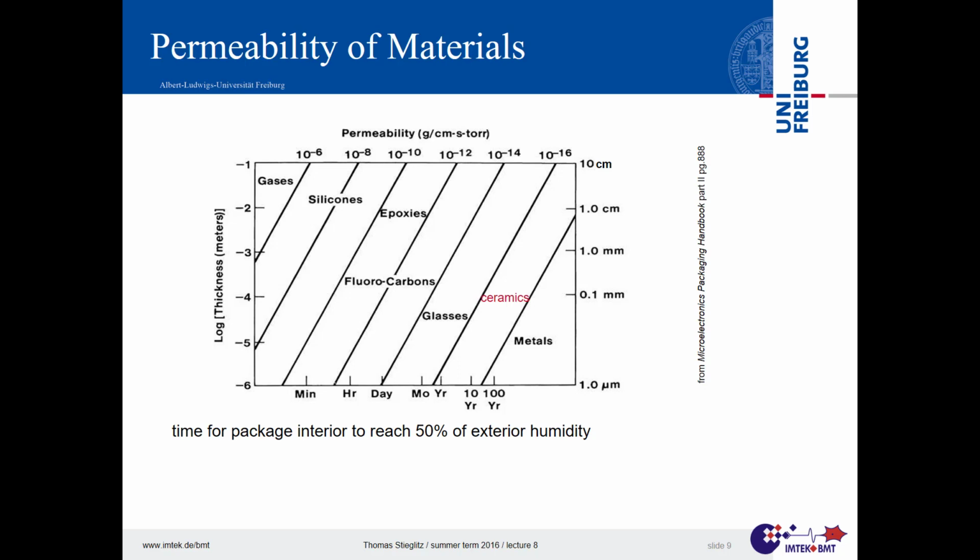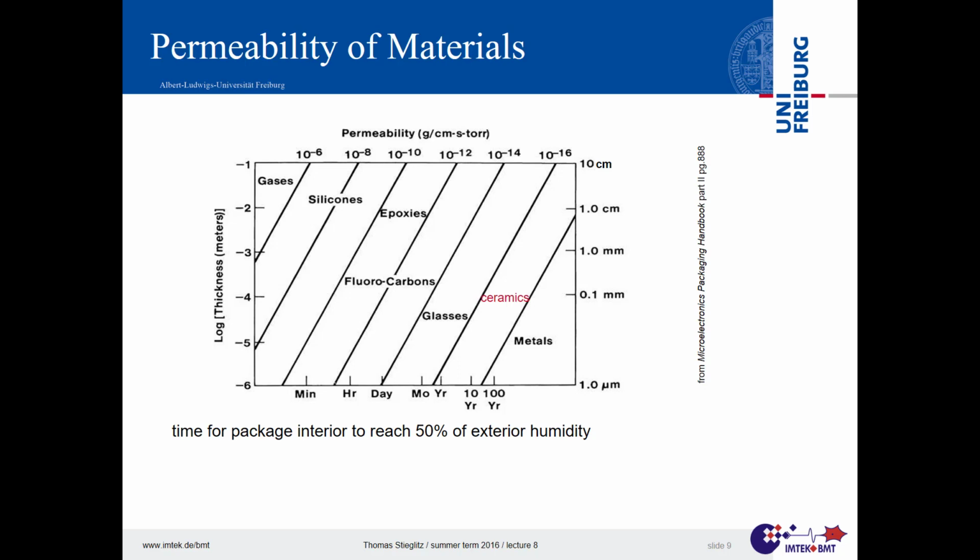And you can describe that either as permeability, that is more that technical thing on the upper x-axis, or you can transfer that to a device of a given material and say, well, I look on my watch and see how long it takes until I have 50% on the inside.